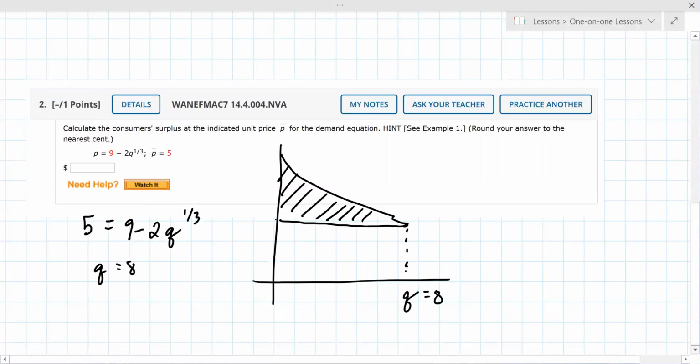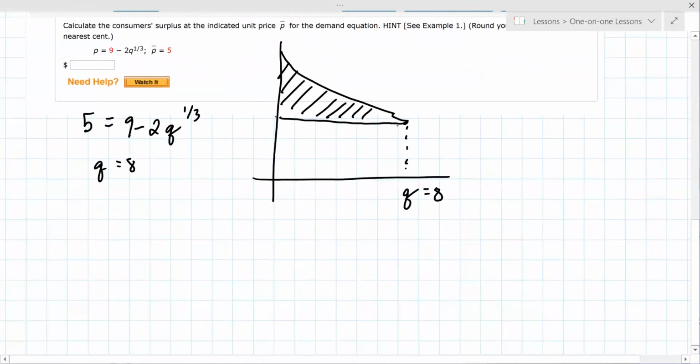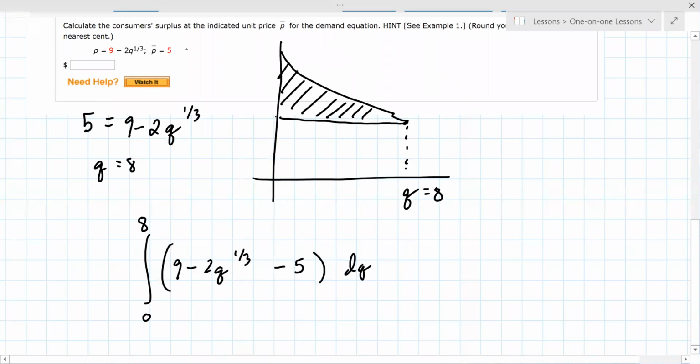So to find the consumer surplus, which is the area above this, if you've taken an econ class, you might have seen this already too. You're integrating from 0 to 8, 9 minus 2q to the 1/3 power minus 5 dq. So you always subtract that p bar, whatever that p bar is. So if you have a calculator, you can definitely try this as well.